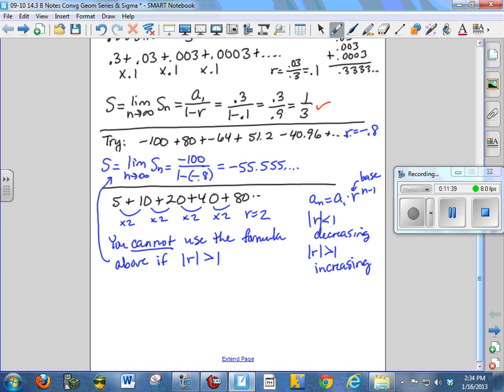So this is known as a diverging series. It diverges, in other words, it gets infinitely big. So we cannot use the infinite sum formula for this one. That's the conclusion of this video.